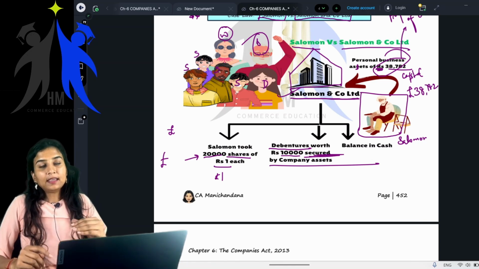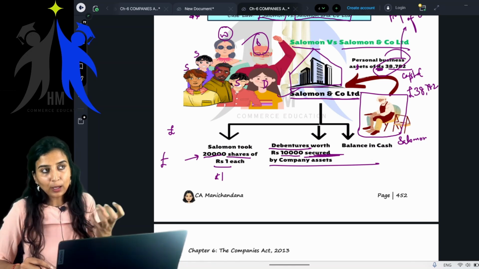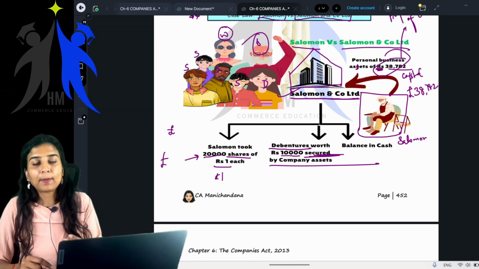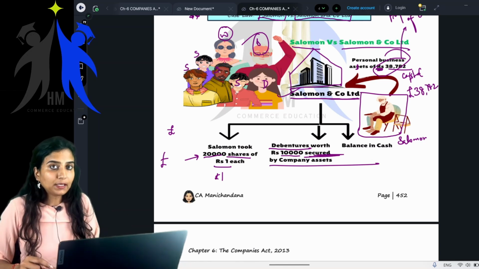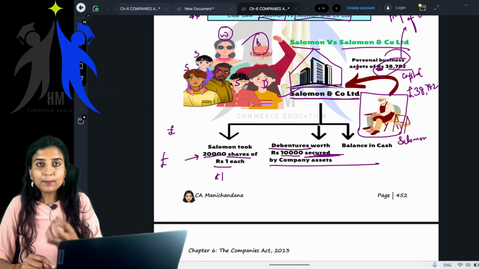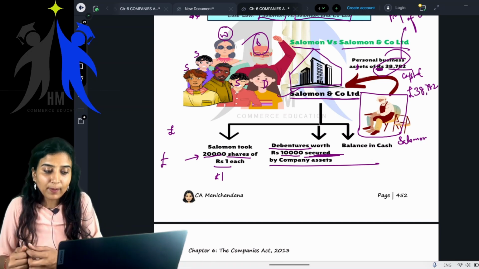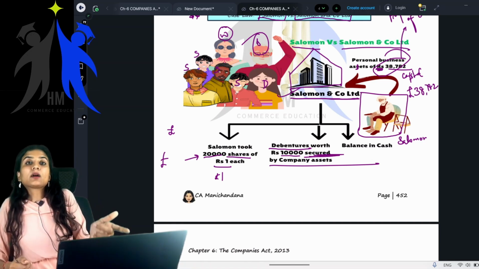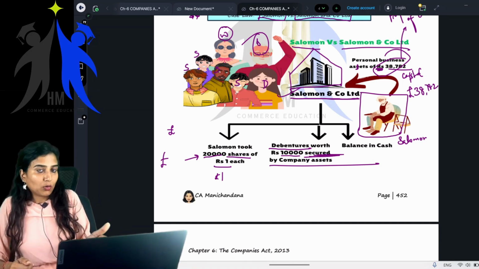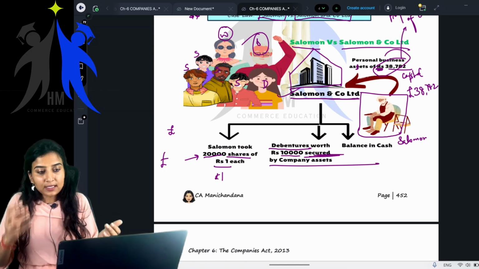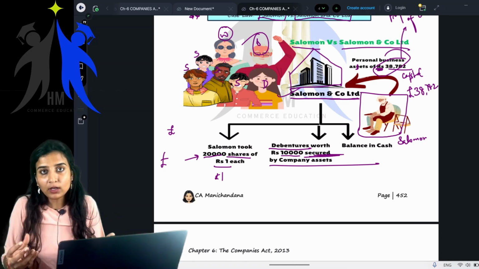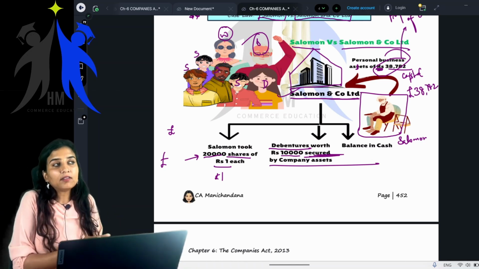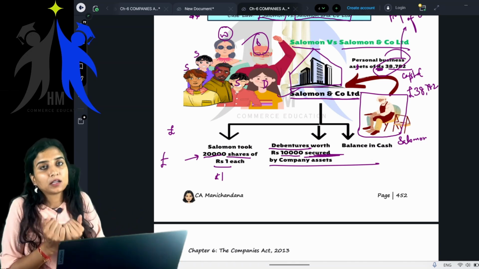Meaning that if the company cannot repay the debentures, I mean the principal amount, it is secured against the company's assets. So any time this debenture holder can recover it from the assets of the company.